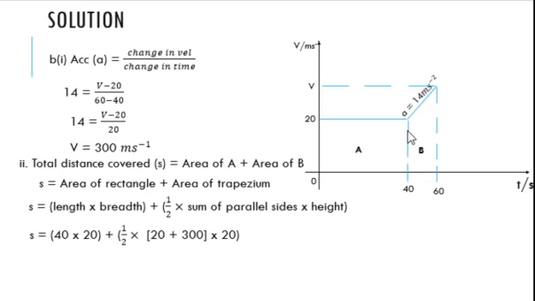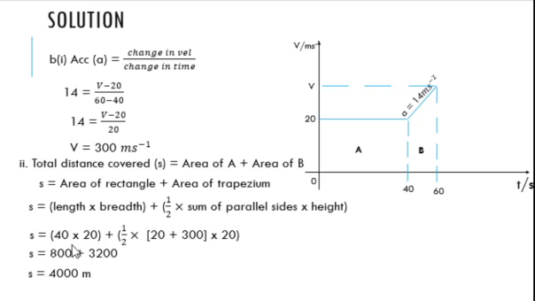My first side is 20, reading on the vertical, and this side is 300. So that will be 20 plus 300, because my initial velocity stands for my first line and the final velocity stands for the second line. So I'll have half times 20 plus 300 times height. The height is here, that will be 60 minus 40. I have this place to be my height.